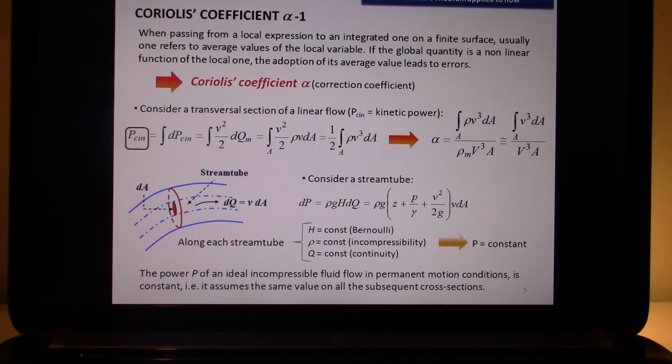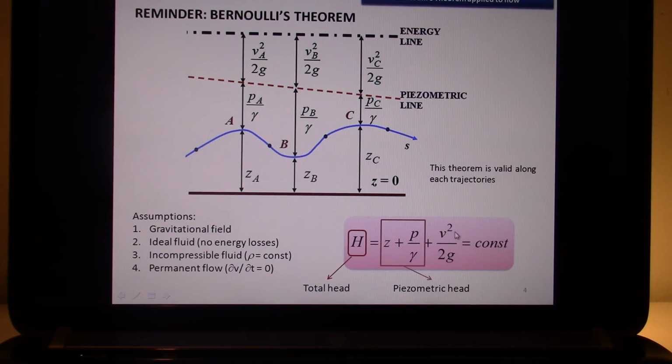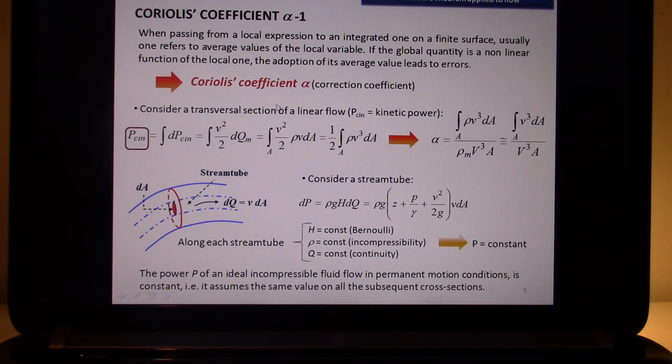But if it's not, and this is the case of the total head, because remember the total head depends on the velocity to the power of 2, then assuming average values leads to some errors. And to take this into account, usually one considers what is called the Coriolis coefficient alpha, or correction coefficient.